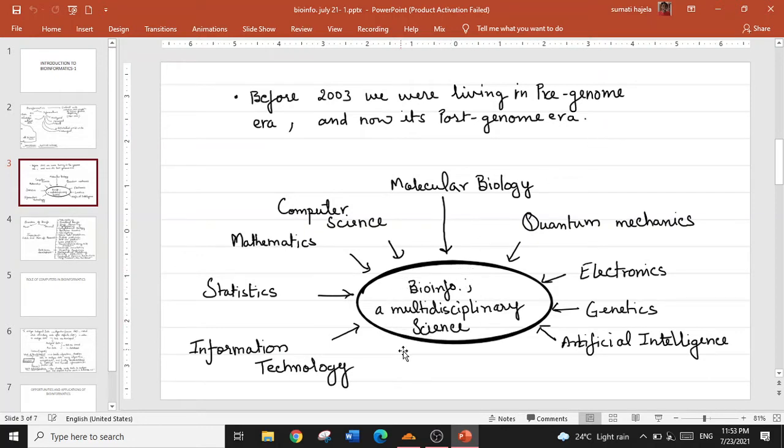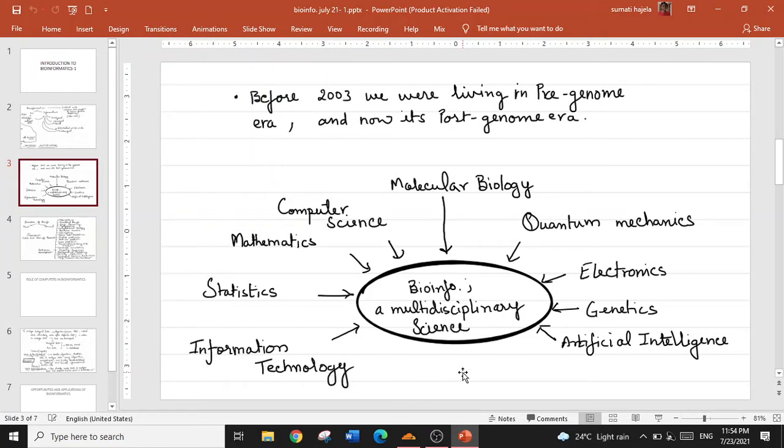Bioinformatics is a multidisciplinary science because though it analyzes biological data, the analysis is done with the help of computer science, quantum mechanics, electronics, and artificial intelligence, and rules of genetics are kept in mind, and mathematics and statistics are helpful in making different algorithms and tools, and finally analyzed data is managed and distributed through information technology.